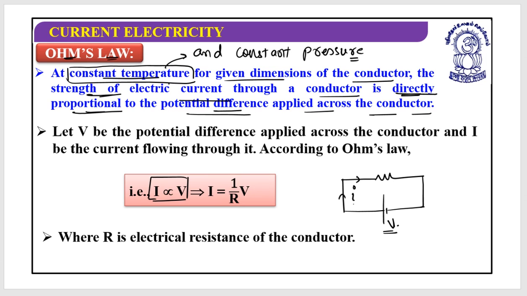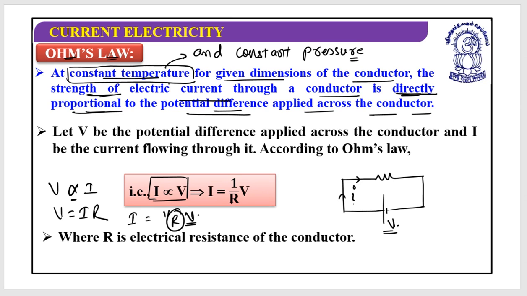So I is directly proportional to V. You can also say V is directly proportional to I. If I replace this proportionality with a constant, I can call it resistance R. V equals IR, or I can say I equals 1 by R of V.